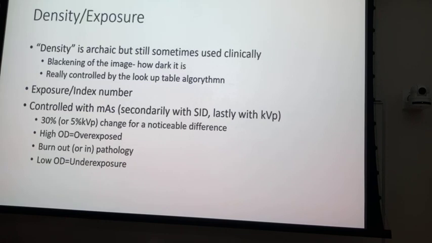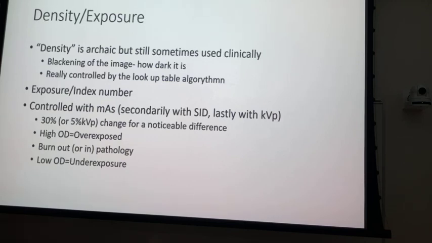High KVP, because mass drives the heat. What kind of techniques are better for the patient? High KVP, low mass, or low KVP, high mass? High KVP, low mass, right? So there's every reason to make that change. It's just that the traditions of the profession really haven't caught up to the technology yet. I expect it will. Maybe not by the time I retire, but probably by the time you retire, okay?